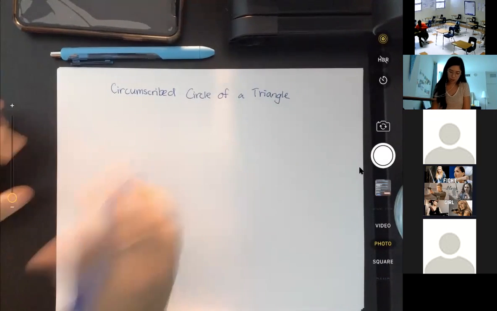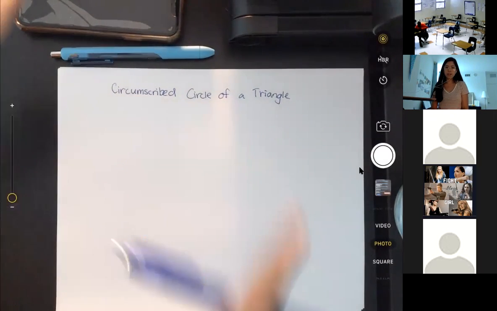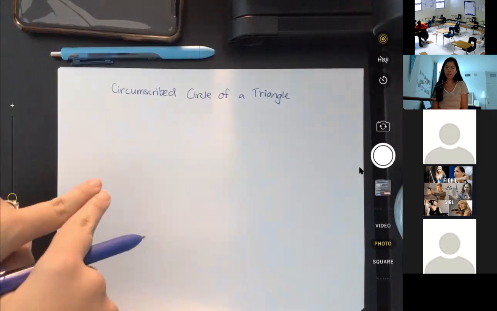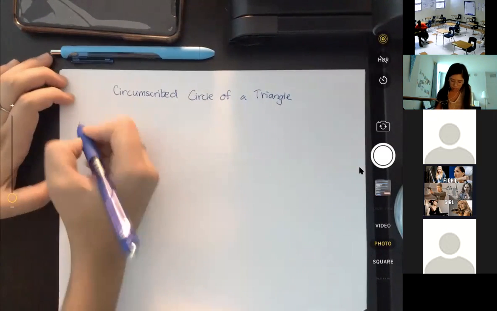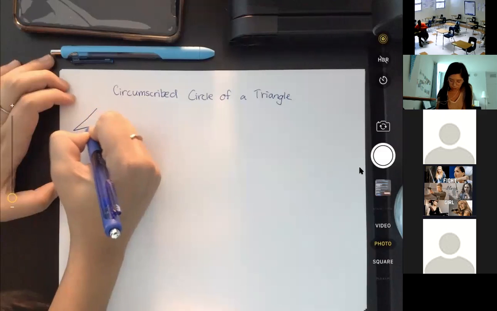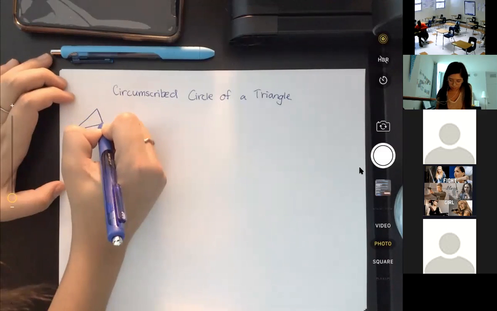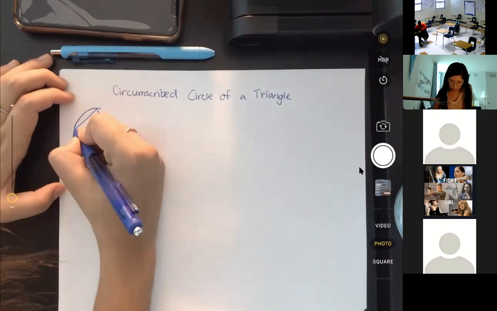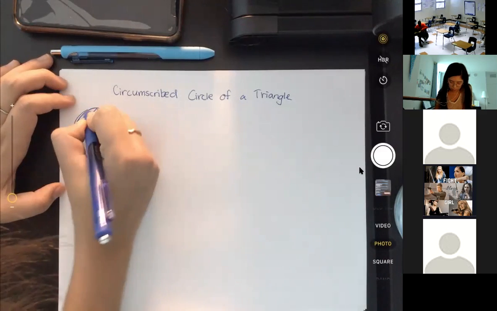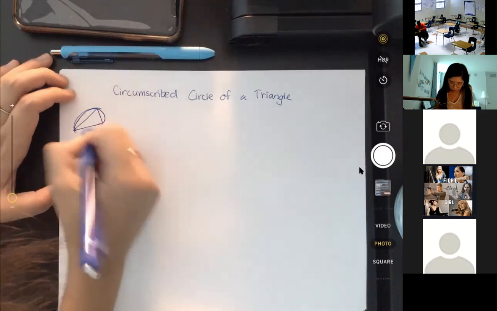Is this circle going to be on the outside of the triangle or the inside? Outside, good. So I'm going to draw a little example here, but then of course we'll draw an exact example, because this is probably not going to be that good.